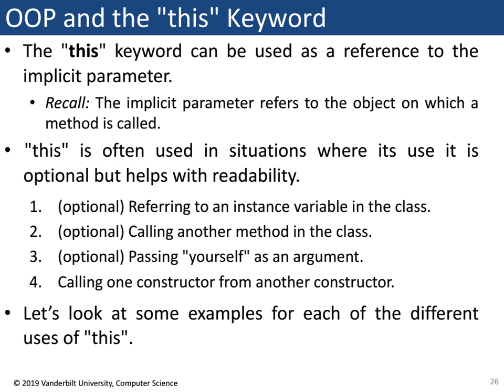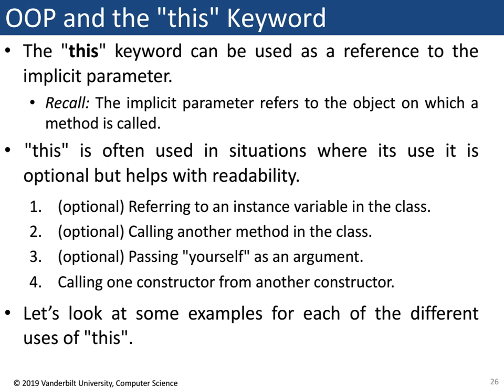Or if you were going to pass yourself as an argument. For example, if you were going to call some function that accepts a student object as a parameter, you may be able to call that method and pass this as the parameter, which is a way of passing the implicit parameter, which is the object, to this other method.